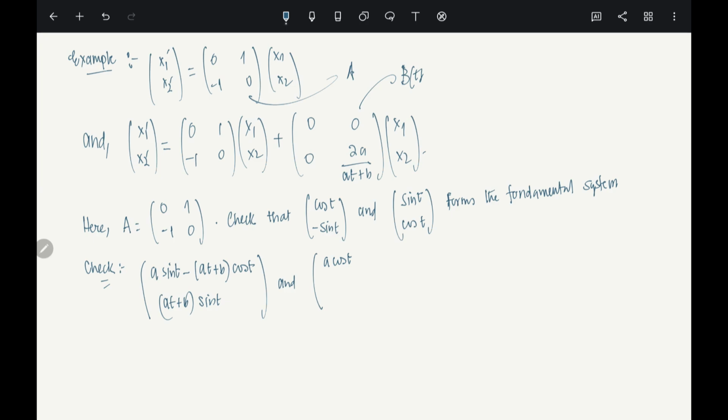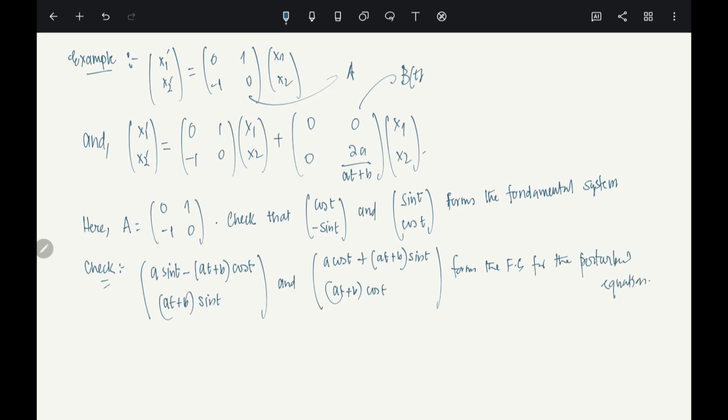Variable coefficient, but still it can be solved. This forms the fundamental set of solutions, forms the fundamental system for the full equation. I did not do it, but you have to check it yourself.